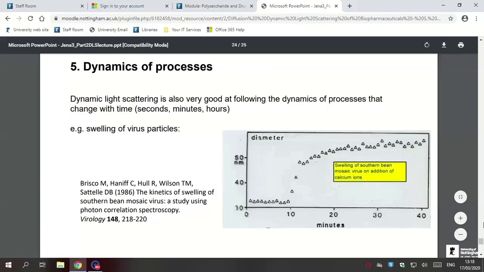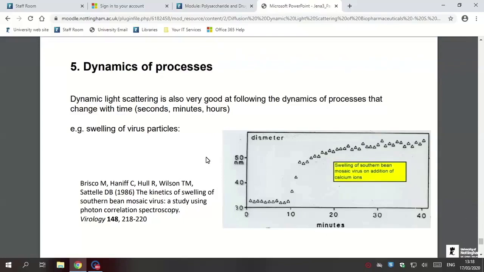For example, certain plant viruses uptake water in response to calcium ions, and this one, southern bean mosaic virus, is another attractive name. You just had turnip yellow mosaic virus. There's the tomato bushy stunt virus we met earlier in the course, and this is the southern bean mosaic virus.